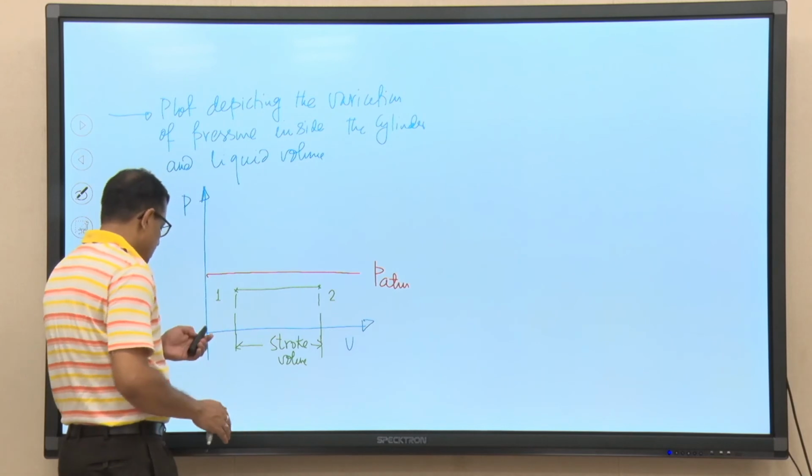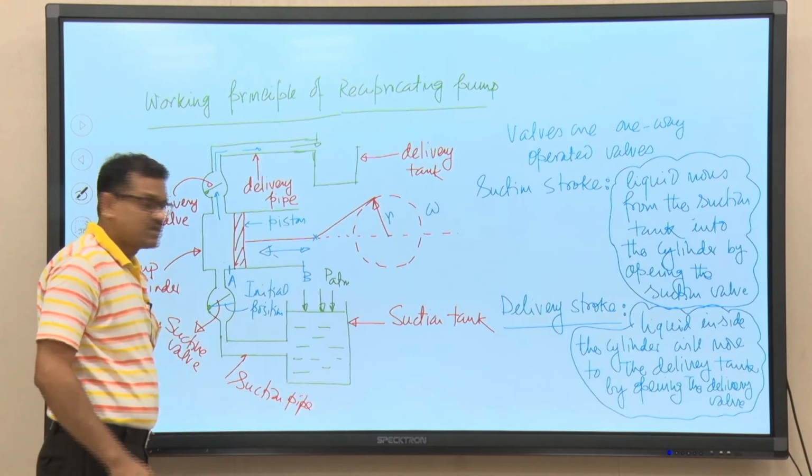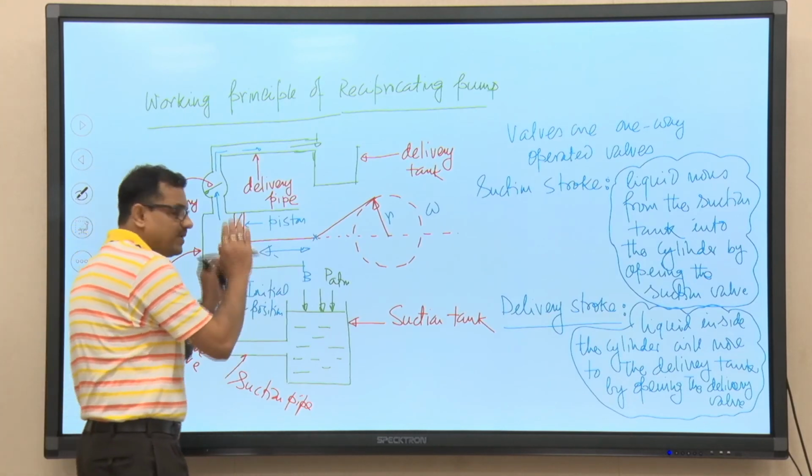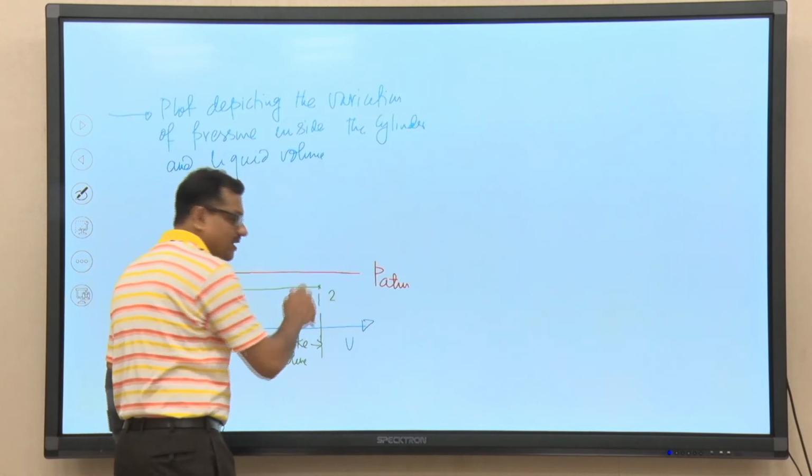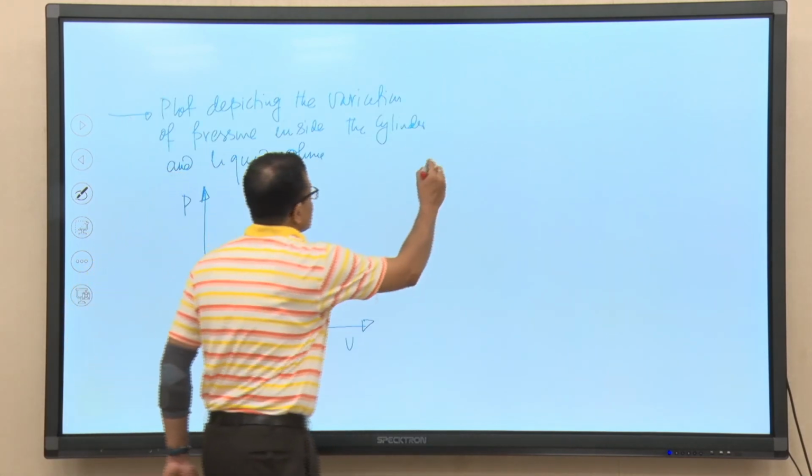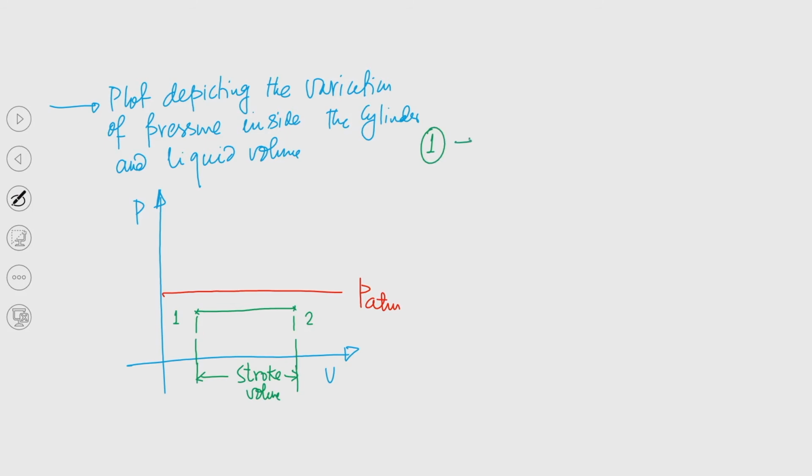Now, another important point that I will discuss. When the piston is at B, that is how I have identified point 2. So, 1 is the beginning of the suction stroke, 2 is the end of the suction stroke, right.